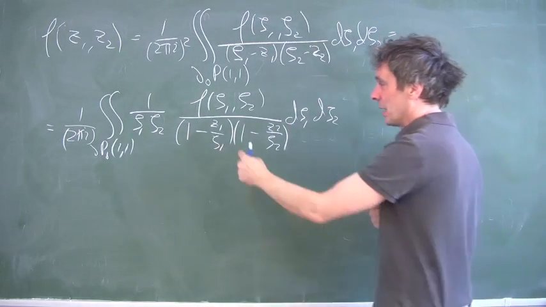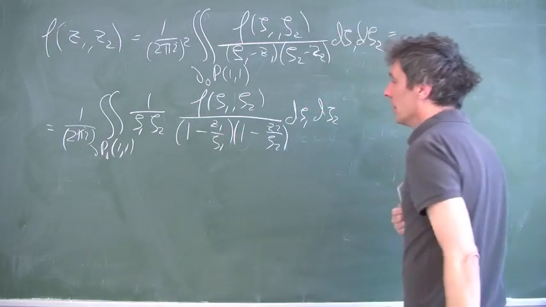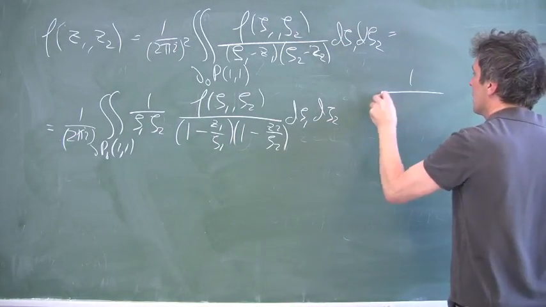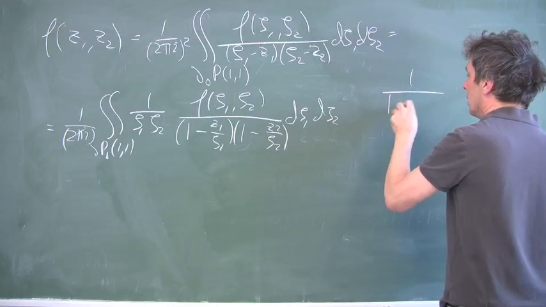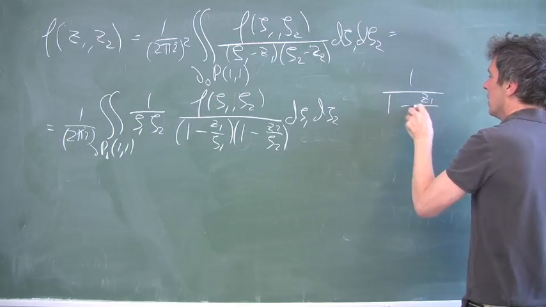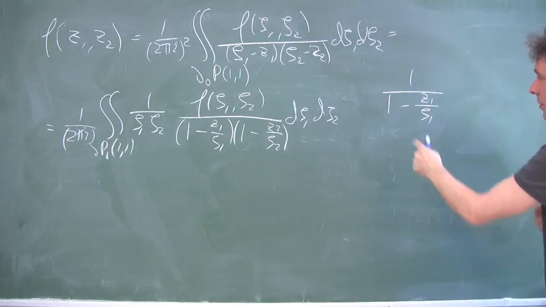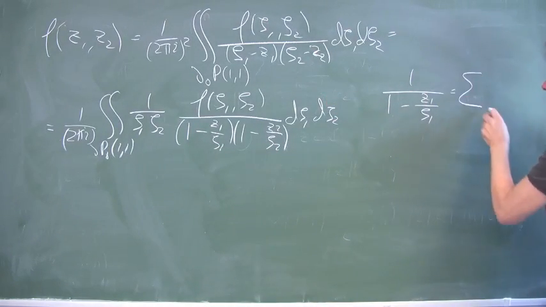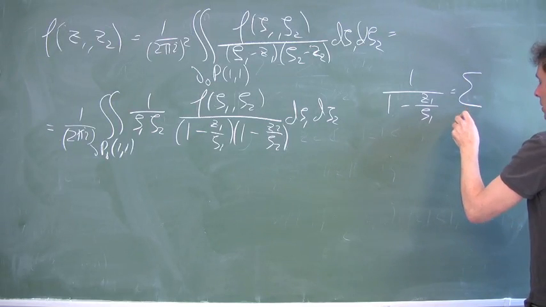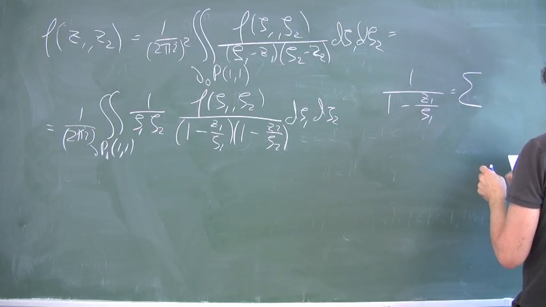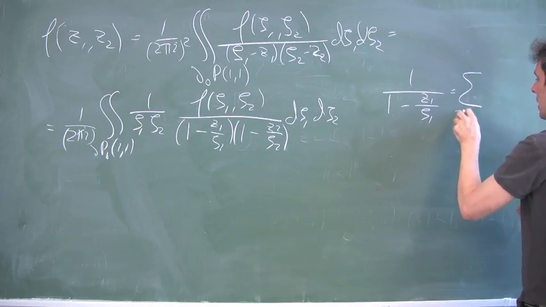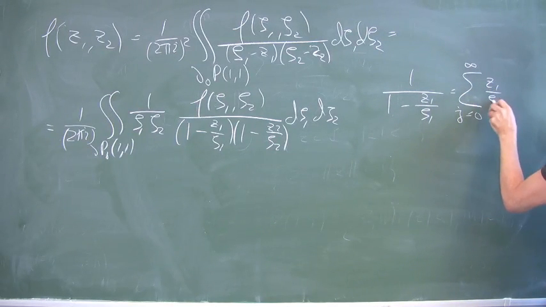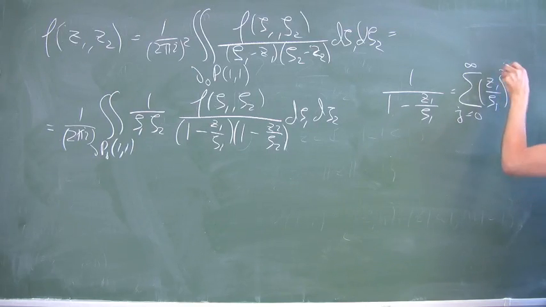And then we see that these factors here can of course be expanded as geometric series. For example, if we take this factor here, then this is equal to the sum over, well, let's call it j, from 0 to infinity of (z1 divided by zeta 1) to the power j.